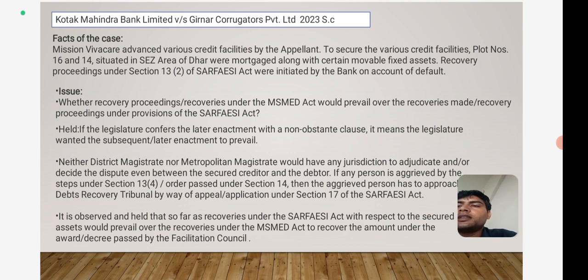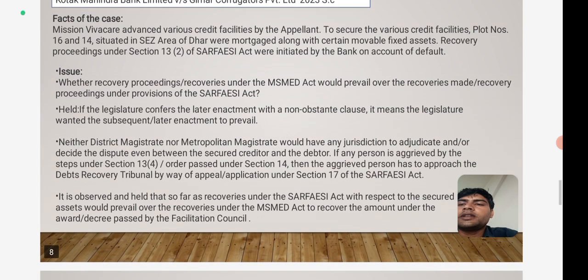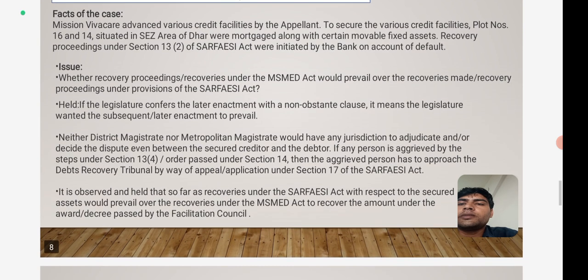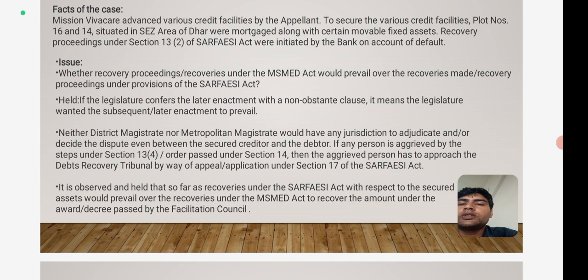The Supreme Court held that if the legislature confers the later enactment with a non-obstante clause, it means the legislature wanted the subsequent, later enactment to prevail. Neither the district court nor the metropolitan magistrate would have any jurisdiction to adjudicate or decide the dispute, even between the secured creditor and debtor.